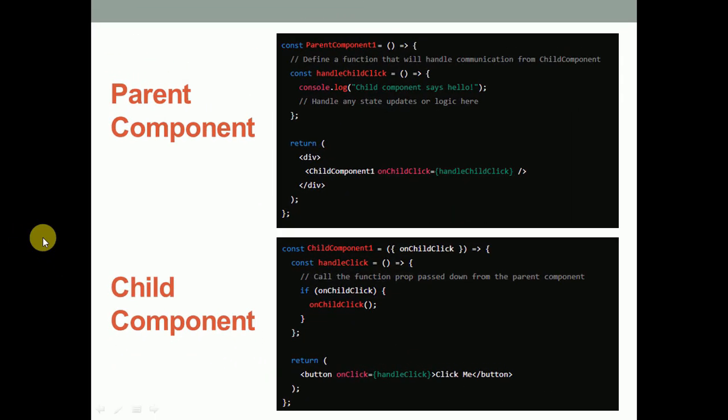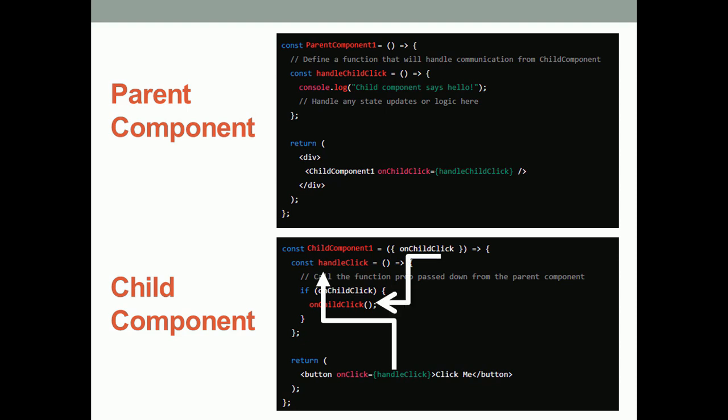Let us quickly see what we have done so far, how we have done the communication from the child component to the parent component. So there are 4 moving parts involved in it. The first one is provide the on-click implementation in the child component itself.